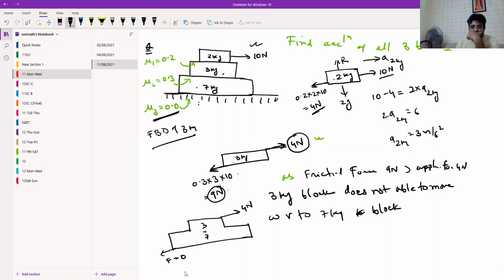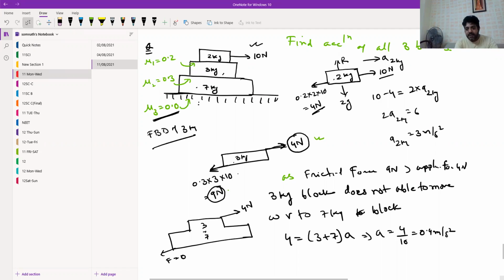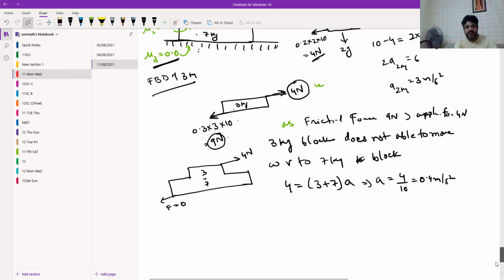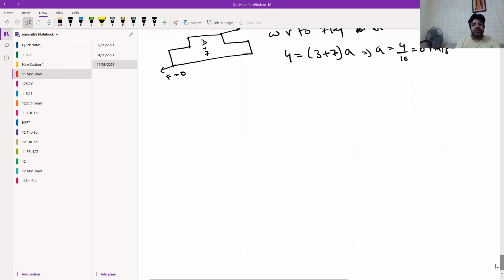So due to the 4 Newton force, 3 kg plus 7 kg move together with an acceleration of 4 by 10, that is 0.4 meter per second square. Understand? Now, in the same way, I just want to give you one more question of the same type, so that your concept is clearer.